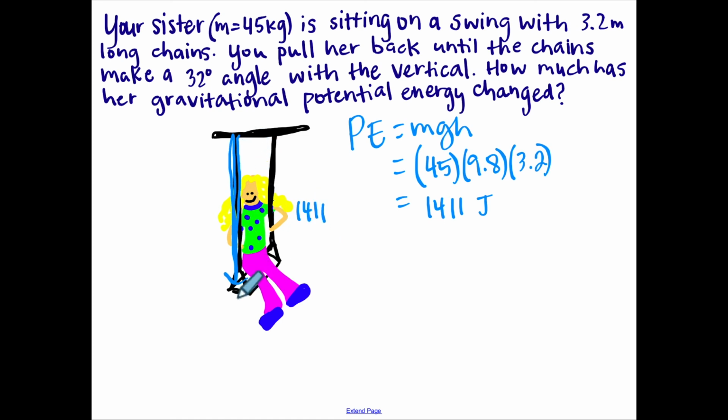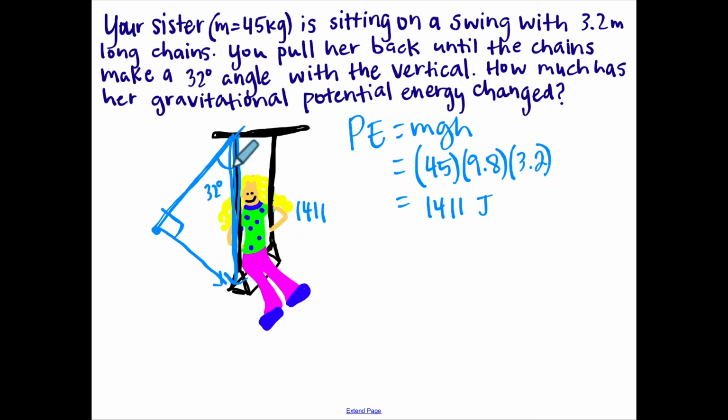And then what's happening is you're pulling her back this way so that the chains make an angle of 32 degrees with the vertical. And so what we have is a right triangle right here. So now she's back over here. We want to figure out what this potential energy is.